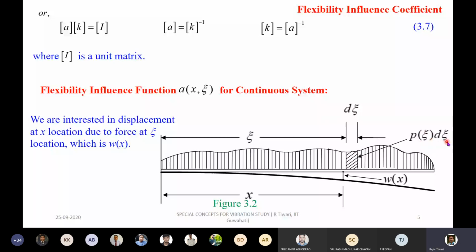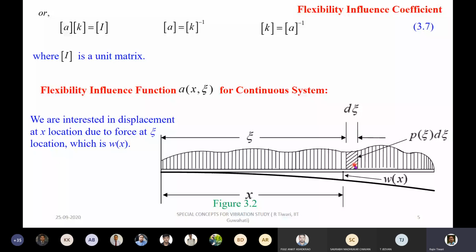If you multiply by the width, we will get the force on this particular hatched area. So this a(x, xi) will relate the displacement at the x location due to the force at the xi location. So the concept is similar to the discrete system.